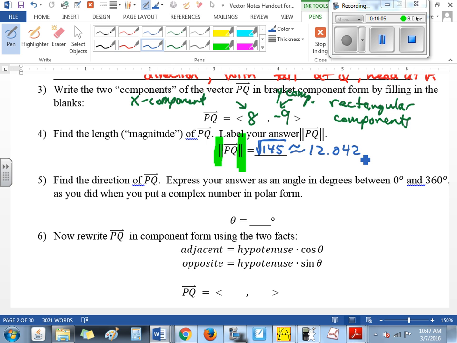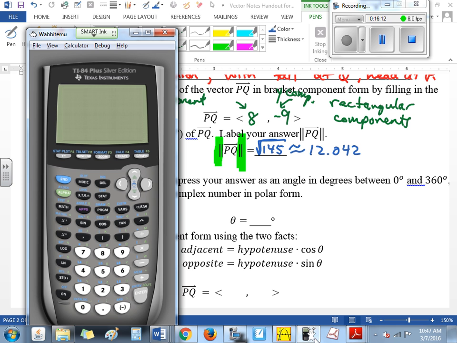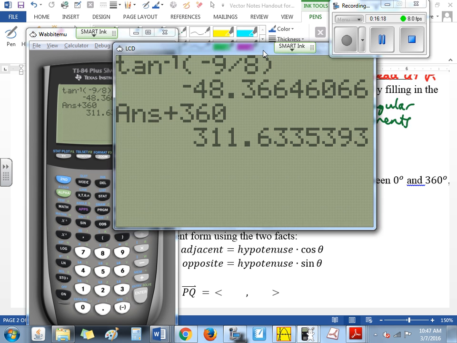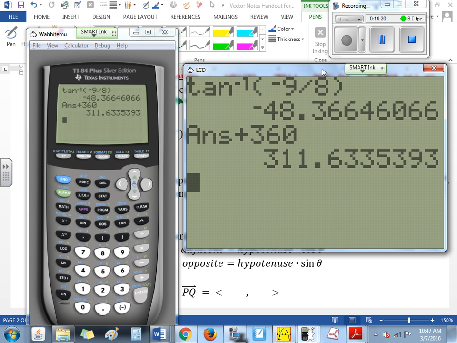So do that. Arctan y over x. Might need a calculator for that. When I did arctan y over x, I got negative 48. But I added 360 to that because Mr. Short doesn't like to have negative angles when he does complex numbers and vectors. So 311.634.